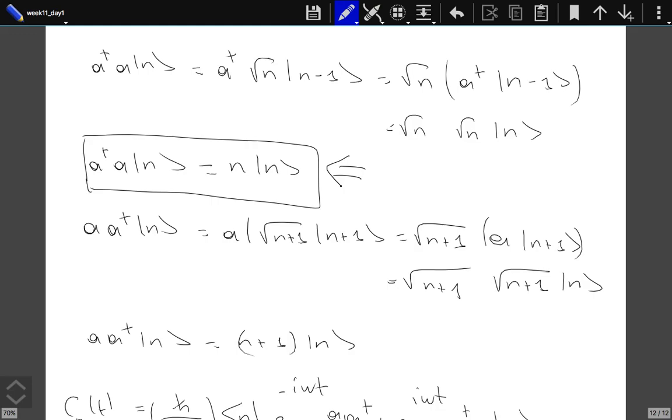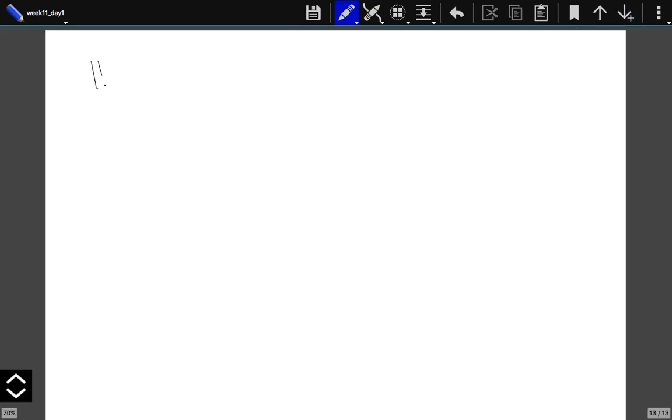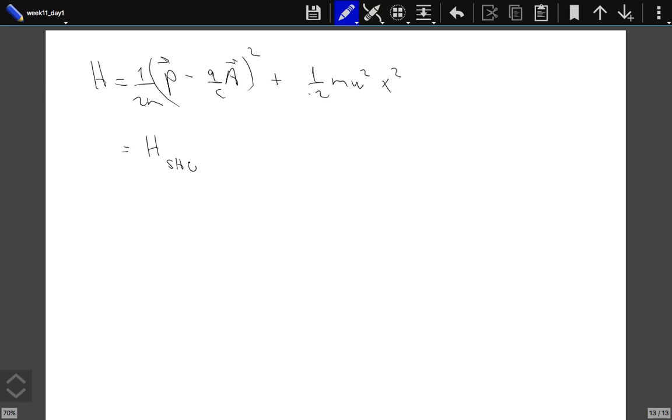Your Hamiltonian will have the harmonic oscillator part, plus, if you open up this parenthesis, an A squared term, which let's just ignore, it's just a time-dependent vector potential.